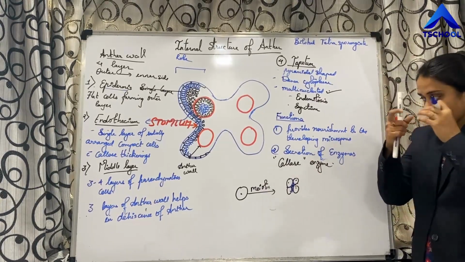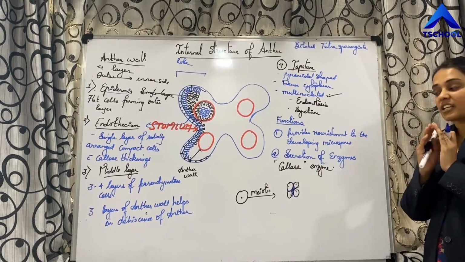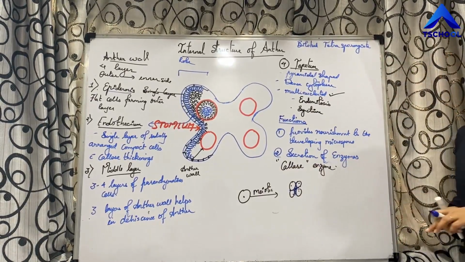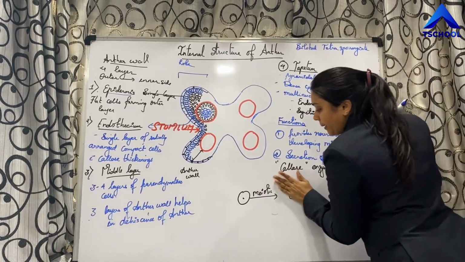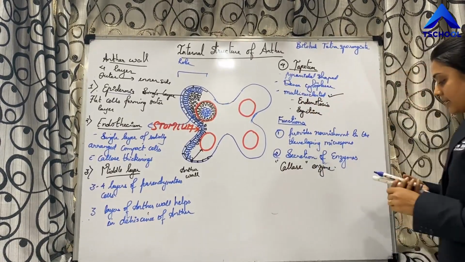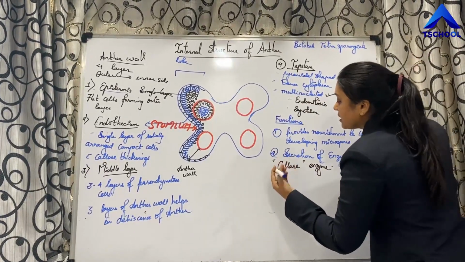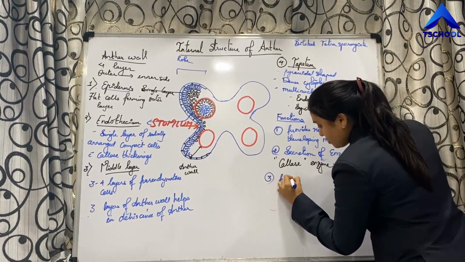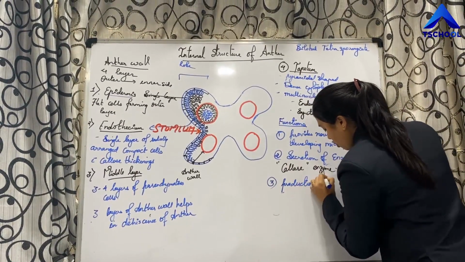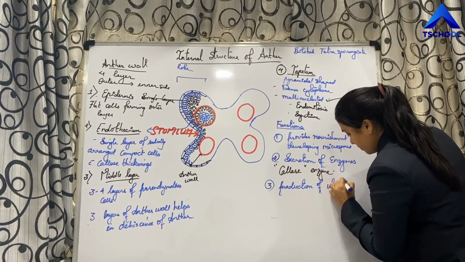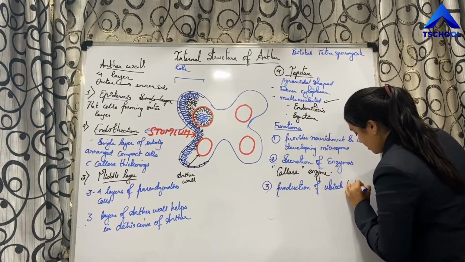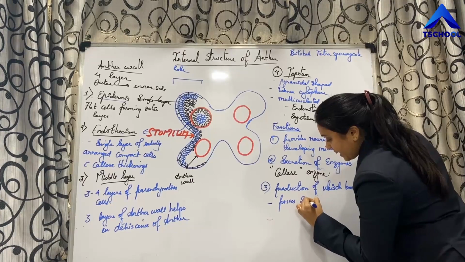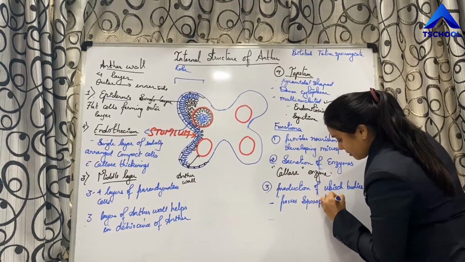But that callose will be disrupted by the callase enzyme, and that callase enzyme is secreted by the tapetum. So the function of tapetum is the secretion of callase enzyme. Then the third function of tapetum is production of Ubisch bodies, right? And these Ubisch bodies possess sporopollenin, right?